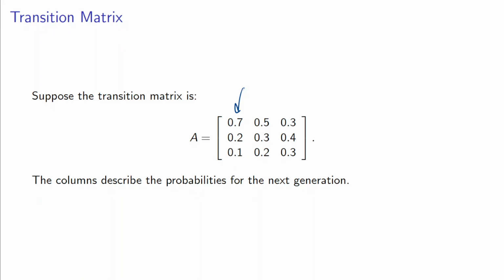So this tells me that if someone completes college, then their children, the next generation, have a 70% chance of completing college, a 20% chance of completing high school only, and a 10% chance of not completing high school, right? And so this is the generation after C, after completing college.